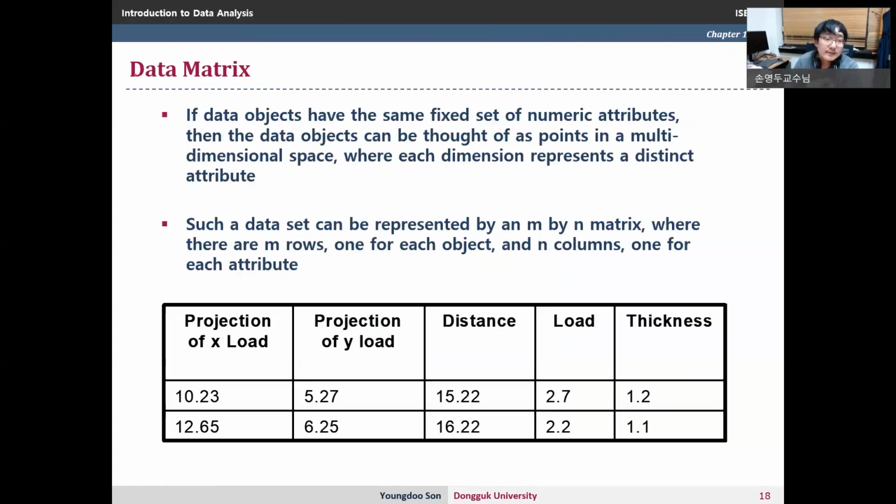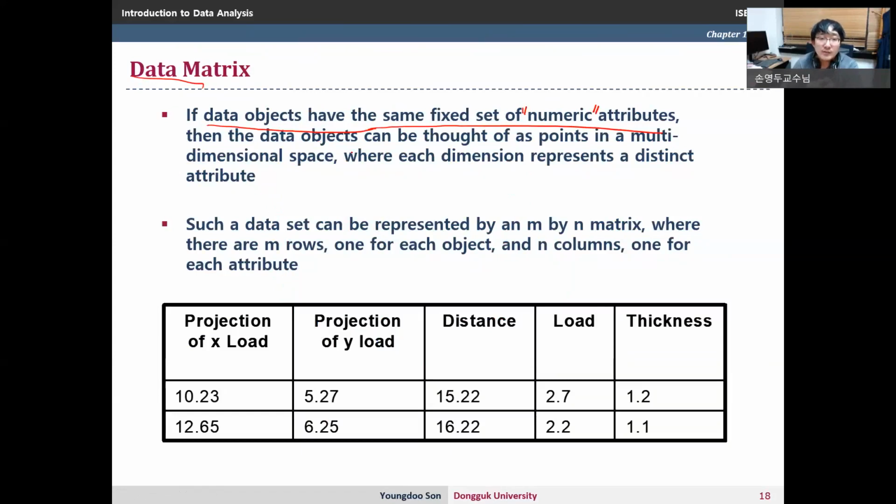And a data matrix is actually very similar to record data. However, here, the data objects have the same fixed set of numeric attributes. The difference between this page and this page is that here it has only numeric attributes, or other attributes that can be transformed into numeric attributes.